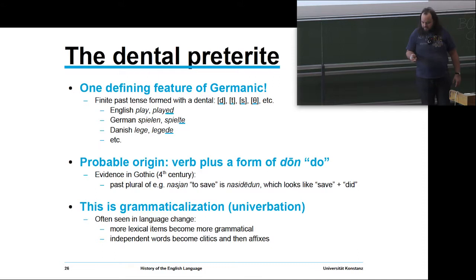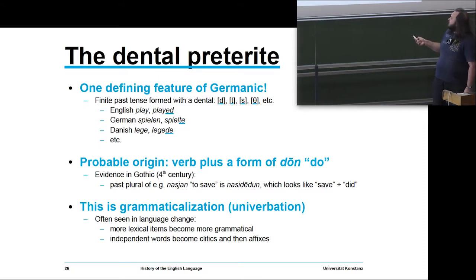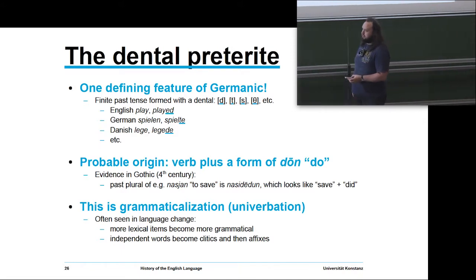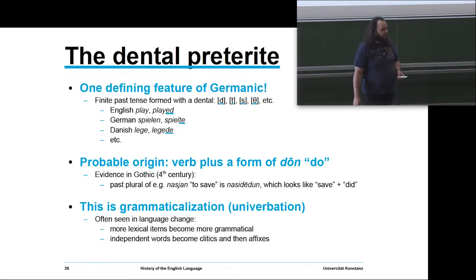And in Gothic, we find forms like this, nasidedun, which looks like it's formed from a form of this, so to save, and then a form of the verb to do. We have this kind of form in modern English too, so you can say things like, he did save, with a non-finite form of save, and a finite form of do.